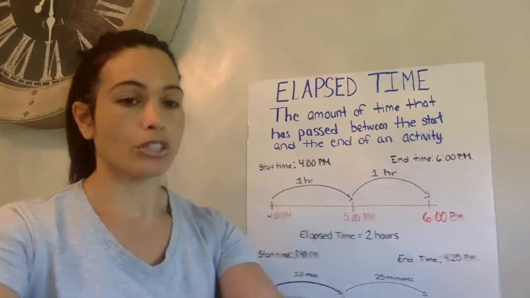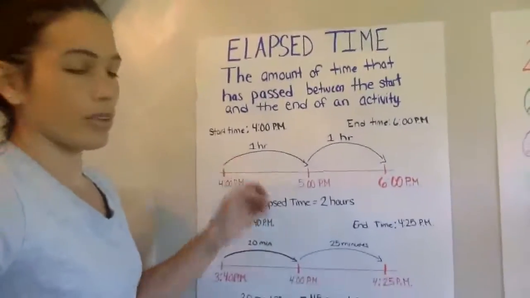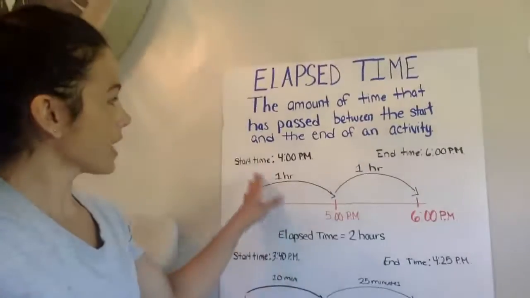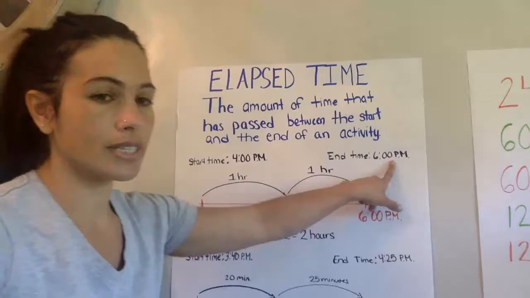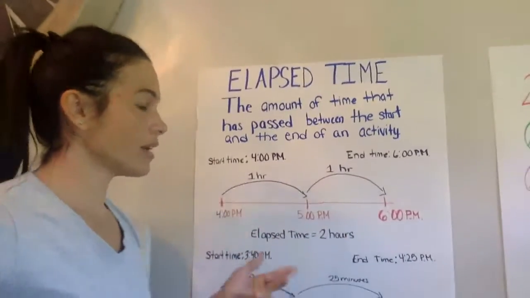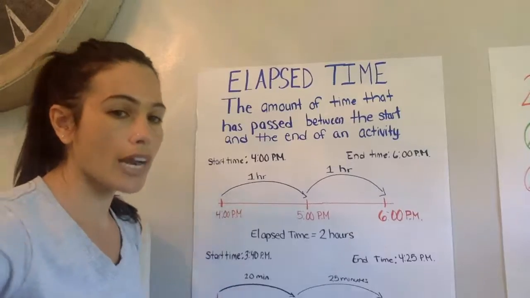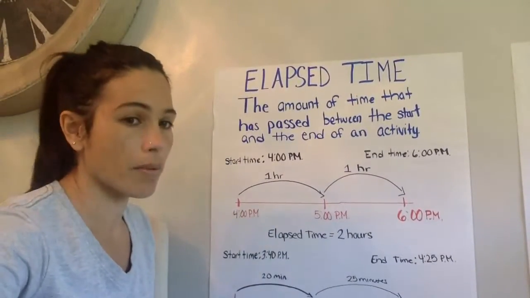Okay, so we're just going to look up here at my anchor chart. If we were to look at this problem, it says start time 4 o'clock p.m., end time 6 o'clock p.m. They want to know how much time is in between. So a strategy that can be helpful is using a number line.